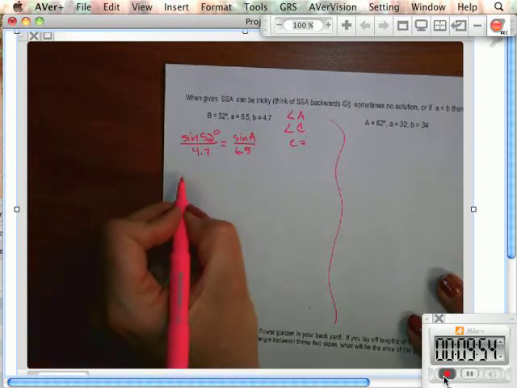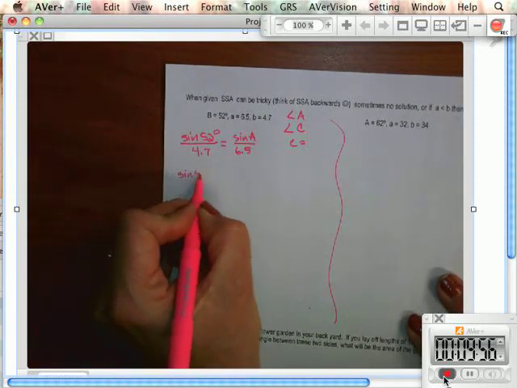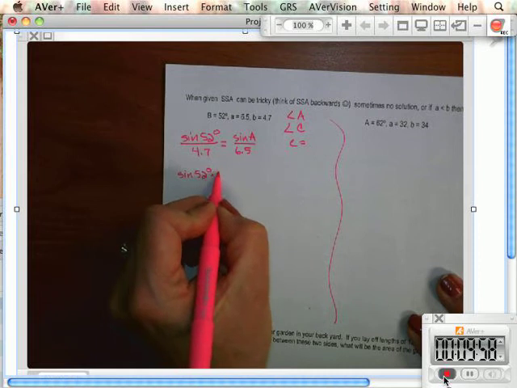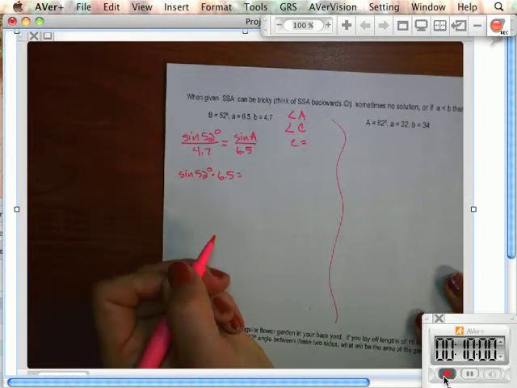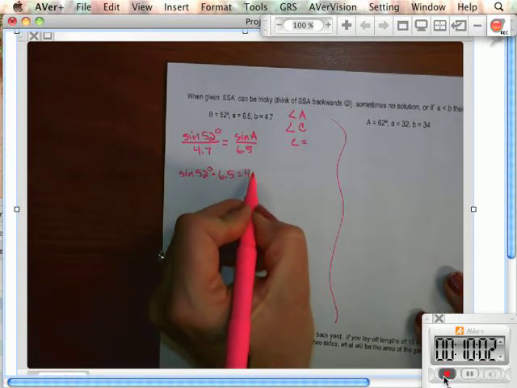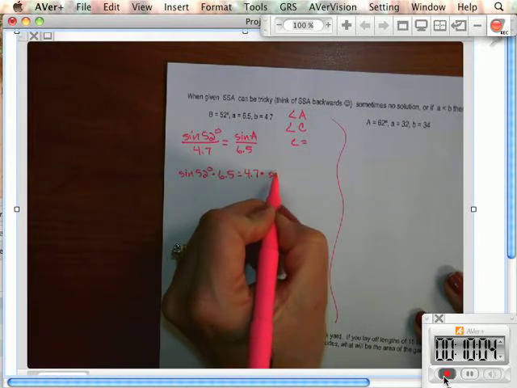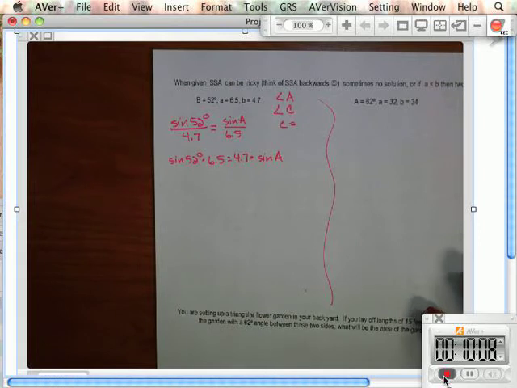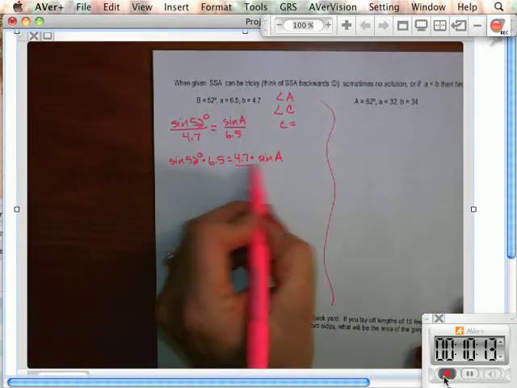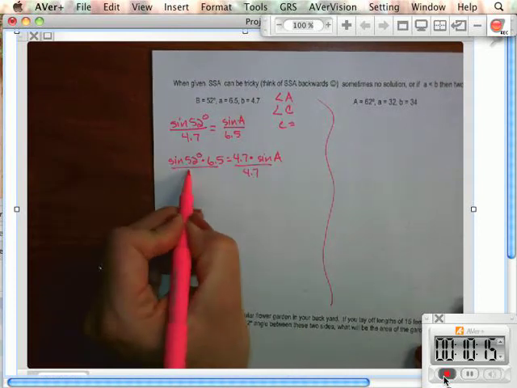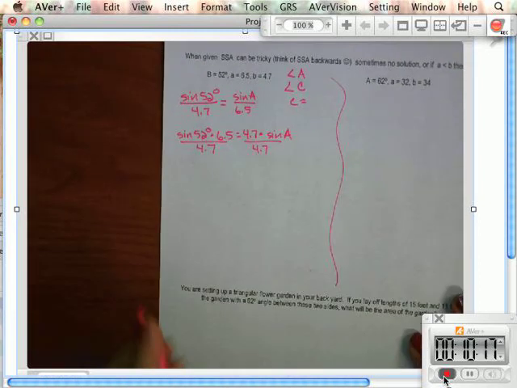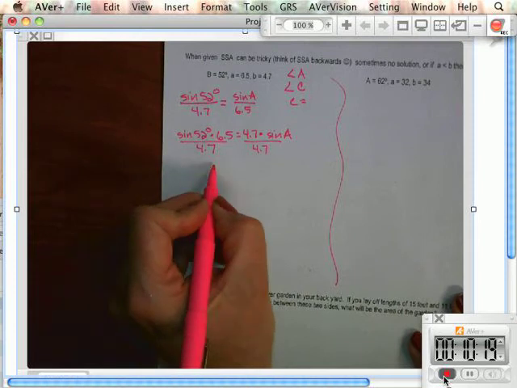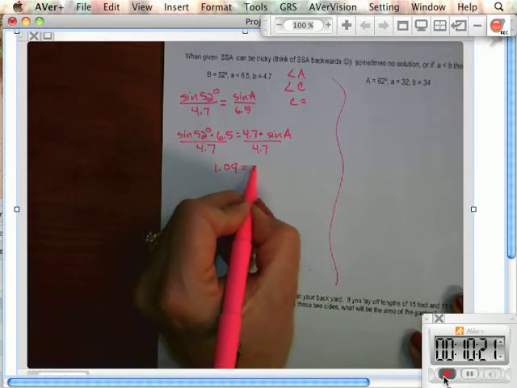Okay, cross multiply: the sine of 52 degrees times 6.5 equals 4.7 times the sine of A. When I divide both sides by 4.7, something happens. Okay, I'm going to get 1.09 equals the sine of A.